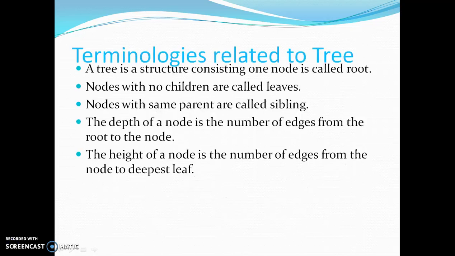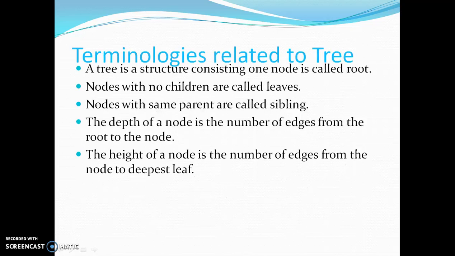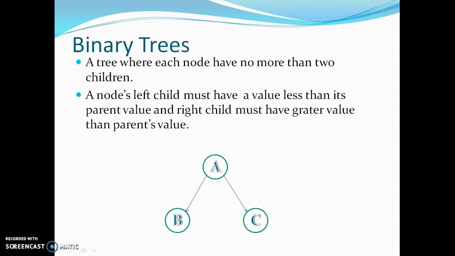One more is that nodes with the same parent are siblings. 3 and 10 are siblings, and 1 and 6 are siblings. I have written the same as what I said right now. You can pause and see what I have written as an example of all this.